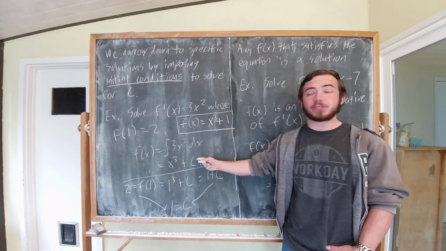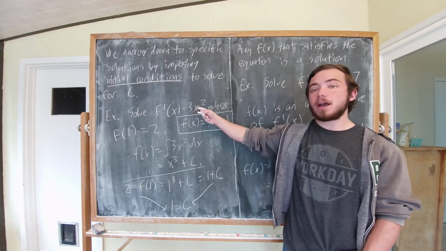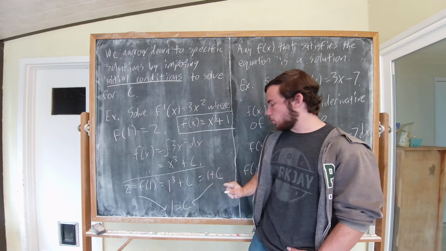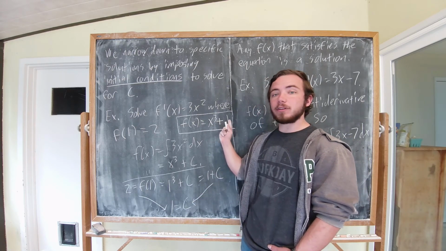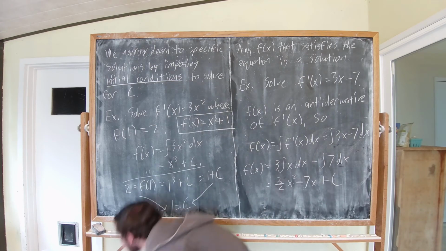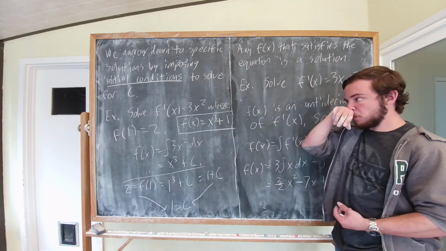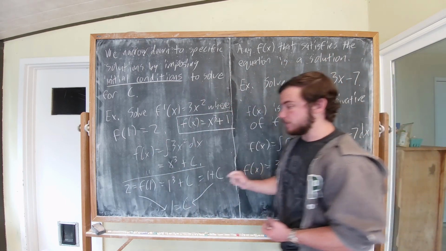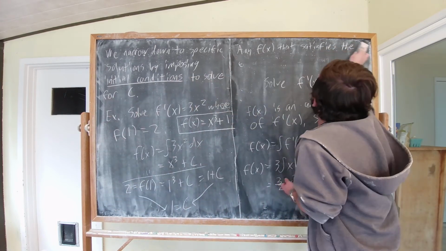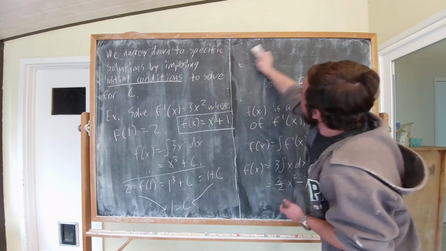All of these are possible solutions to the differential equation, but the second we impose this initial condition, there is only one possible final solution to the problem, and that's nice. In general, a differential equation with n derivatives of f of x will require n initial conditions to give you a unique solution.